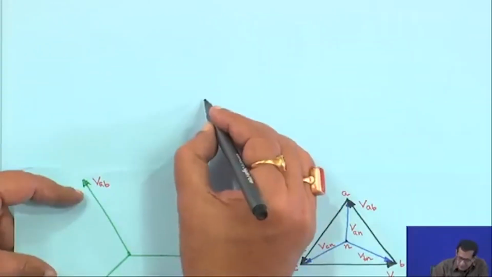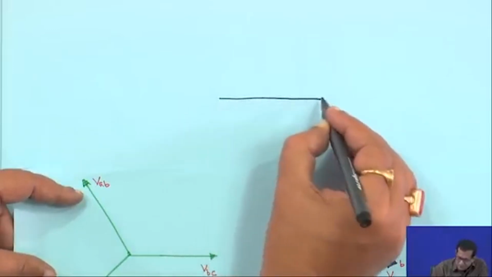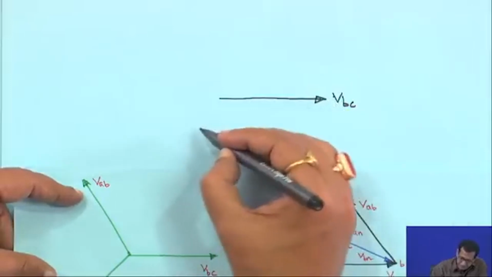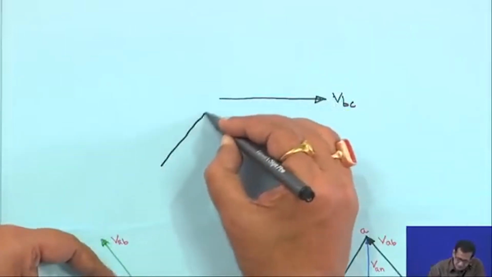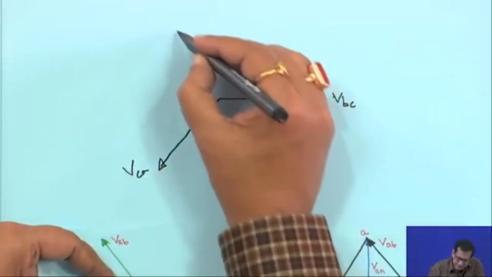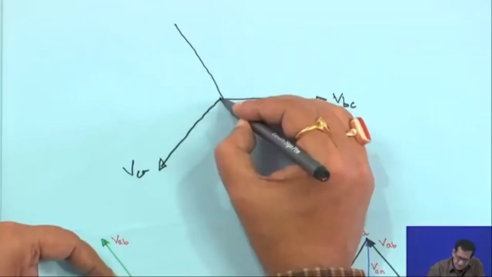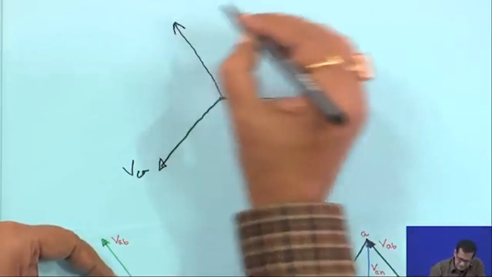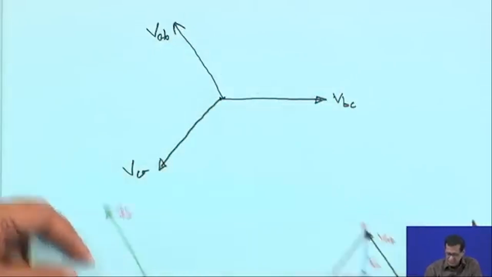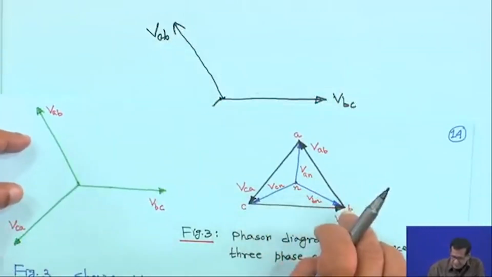Now, suppose you have this is VBC, this is your VCA, drawing may not be symmetrical, but understandable, but this is your VAB, right. Now, this is VAN, right.